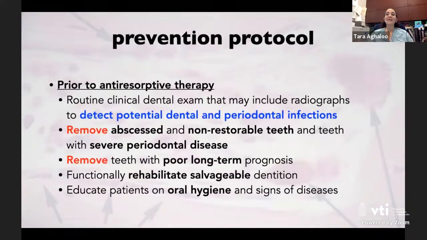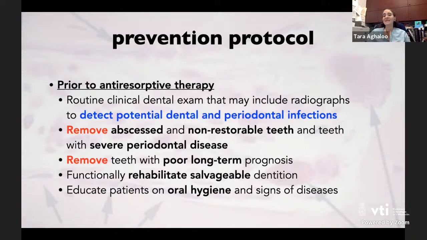Like I said, if we can ever get a hold of these patients early on before they start their anti-resorptives, this is really what's most ideal. They should get a good clinical dental exam, including radiographs, detect any infections, and extract abscessed or non-restorable teeth or ones with severe periodontal disease, so that those aren't at risk either from the periodontal disease or from the extractions themselves.